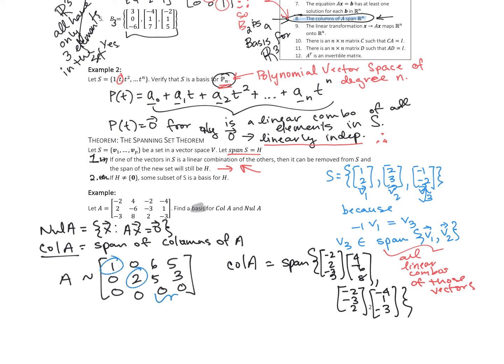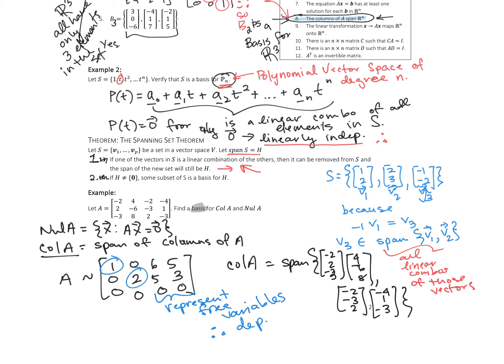So that means that the columns here represent free variables. And because they represent free variables, these columns are not linearly independent, they are dependent.